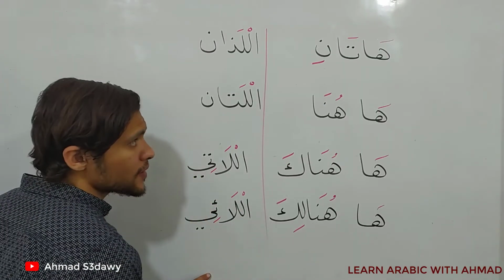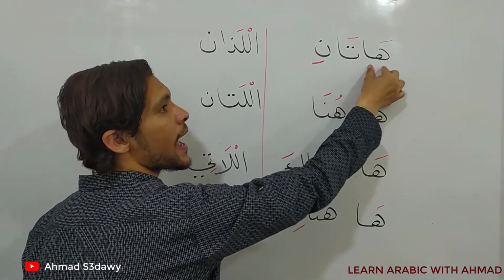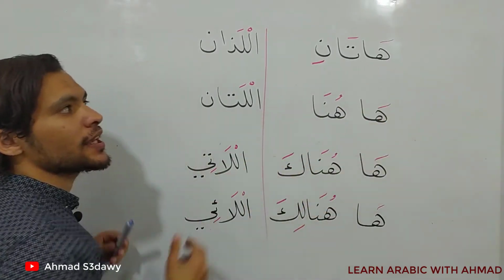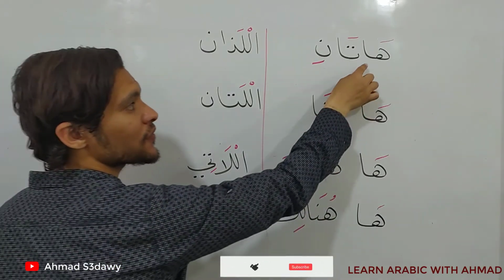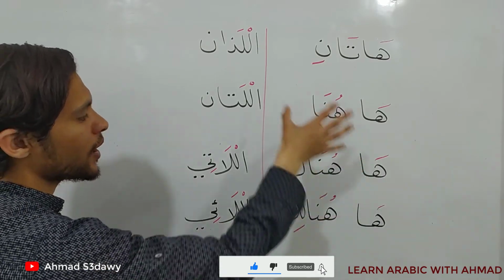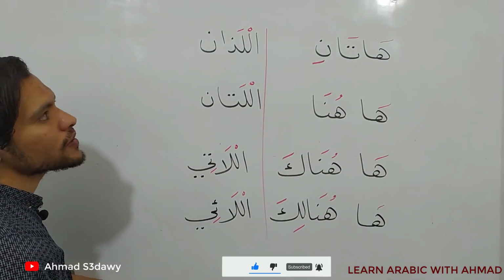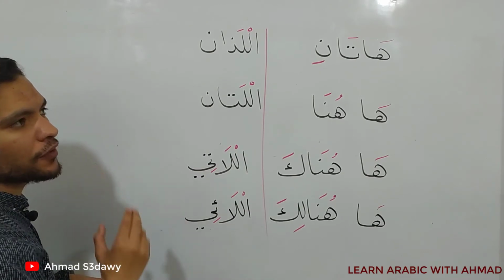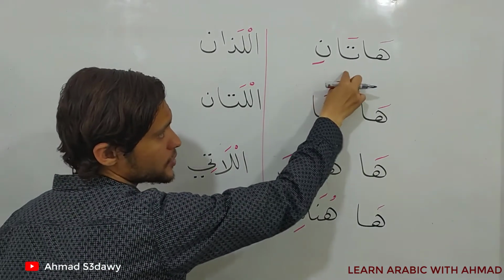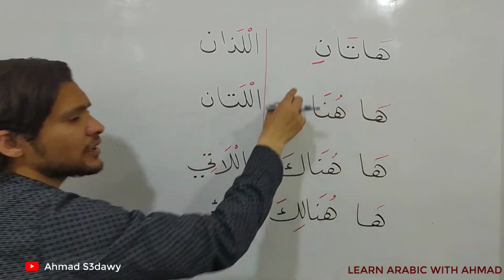There is something else I want you to bear in mind. Sometimes the alif after the ha should stay. Like you pronounce it and you have to keep it in some special words. And that's why I'm trying the best I can to write them all here, and don't ever forget them, because they are very important. Here, for example, this word, you will pronounce it like ha, te, ni.